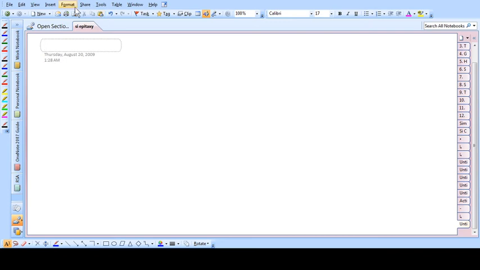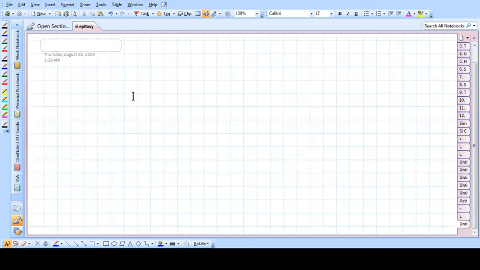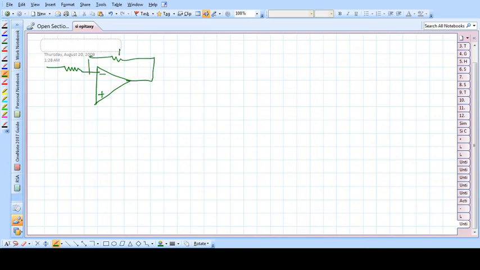So what we observe is that we have a filter like this one, with RF and R1, and R and C, and V in and V out.